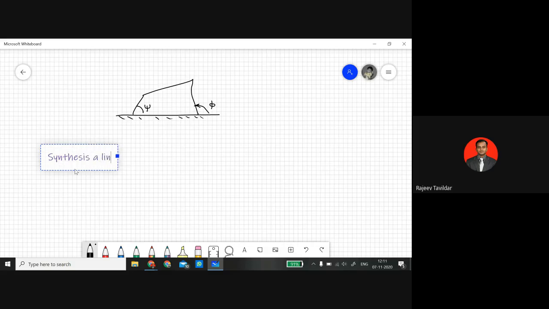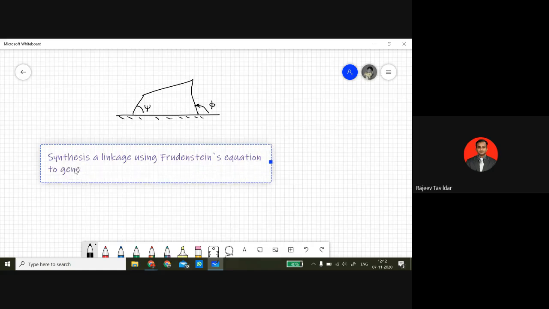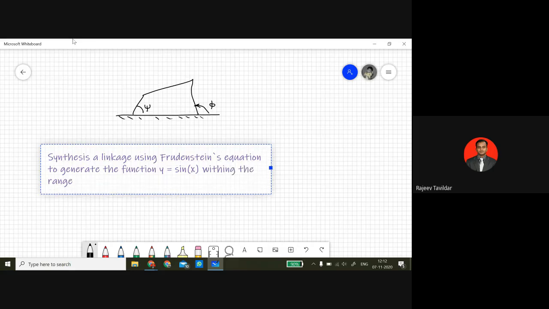Synthesize a linkage using Freudenstein's equation to generate the function y equal to sine of x within the range of 0 to 90 degrees.